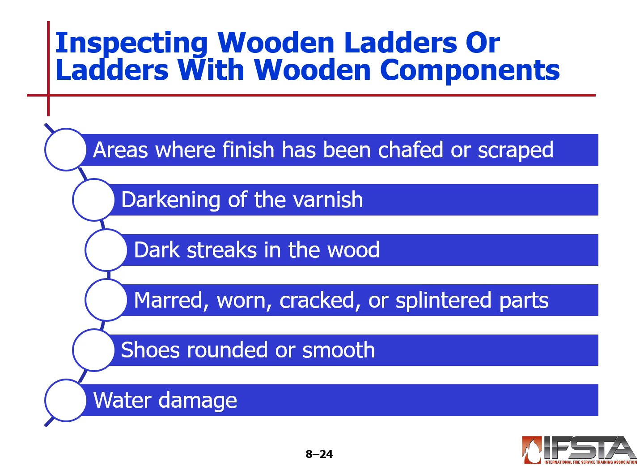So maybe we have a crack in the varnish or the finish and it needs to be sanded down and repaired. Marred, worn, cracked, or splintered parts should be repaired. Check rungs for being rounded or smooth, and any water damage that may have occurred. Again, the varnish and the clear coat on our wooden ladders is its protection.